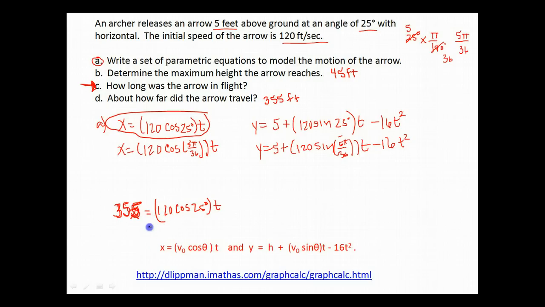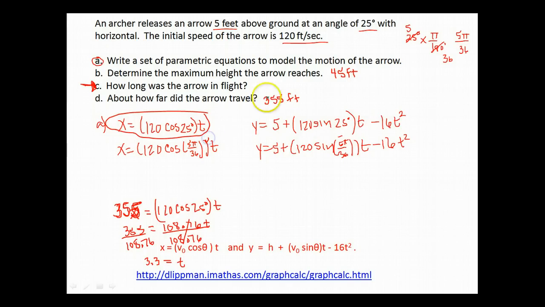When you do that, you get about 108.76 t equals 355, and then just divide both sides by 108.76, and I will know how long my arrow was in the air. When I do that, I get 3.26. I'm just going to round to the nearest tenth of a second, so t is about 3.3.